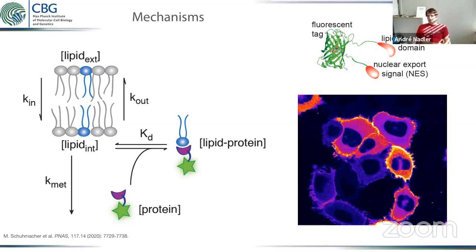Now, a typical experiment looks as follows. You basically have this protein in the cytoplasm. You do your uncaging experiment. The C1 domain is recruited to the plasma membrane and then slowly dissipates again as metabolism and lipid transfer kick in.